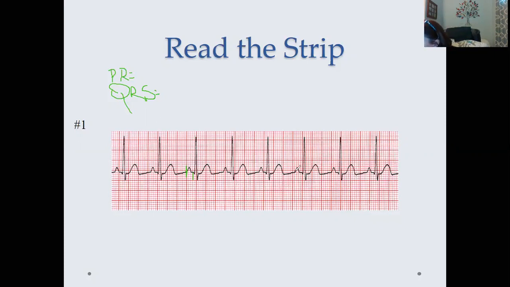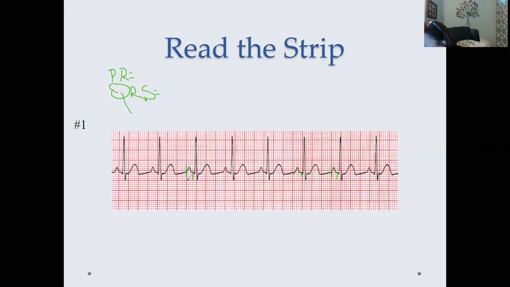This one starts on a line, this one is right here, this one starts on a line, this one is a good one. So now I wish I could zoom in. So we're going to count the tiny squares between them.